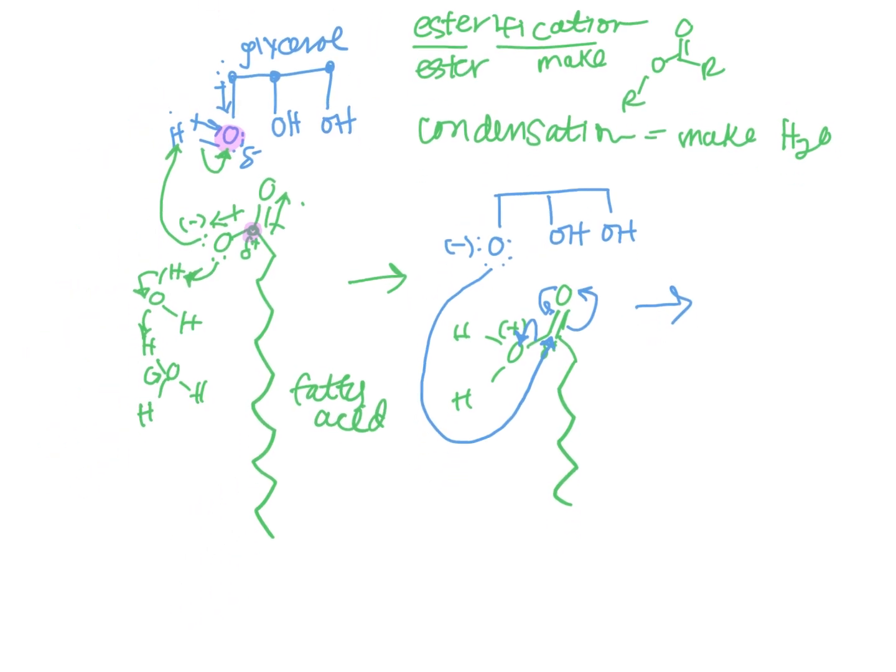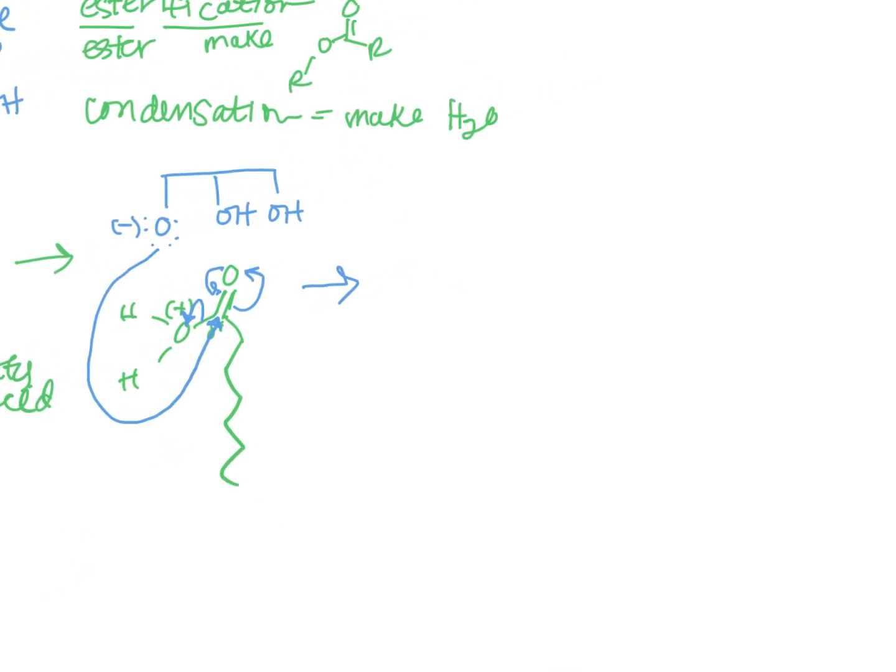So then what I have from here is the O, the glycerol backbone, still intact. I made a bond to the carbonyl carbon, so I'll just do that carbon in green because it's this carbon over here.